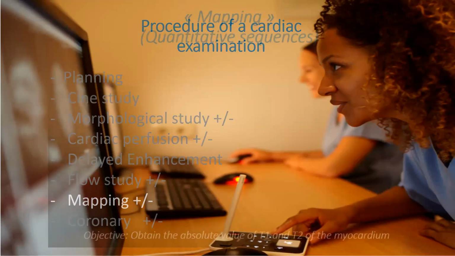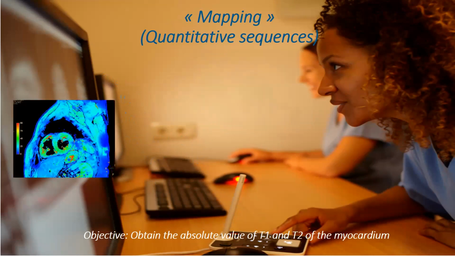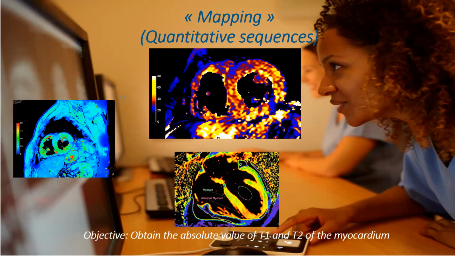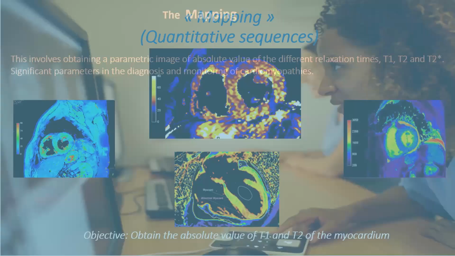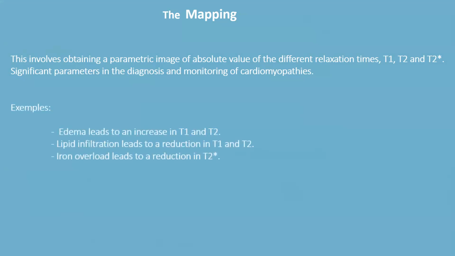I will talk a little bit about mapping because the time is going very fast: T1 mapping, T2 mapping, and T2 star mapping. Mapping is used to obtain parametric images of the different relaxation times T1, T2 and T2 star. These parameters are for the diagnosis and monitoring of cardiomyopathy.